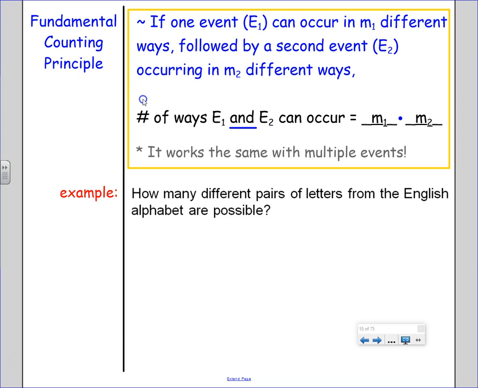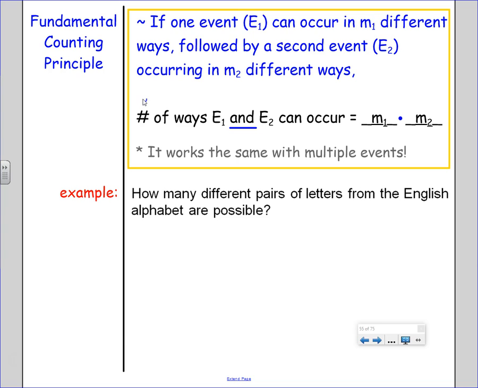The little subscripts are just, we can call them all E's for events and all M's for how many ways. The M1, M2 is just to match them up to the different events. Then the number of ways that E1 and E2 can occur will be M1 times M2.